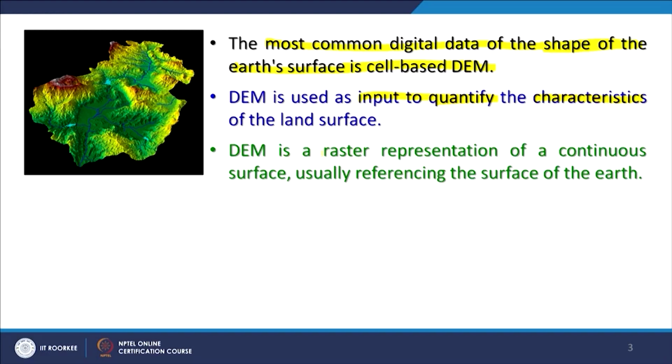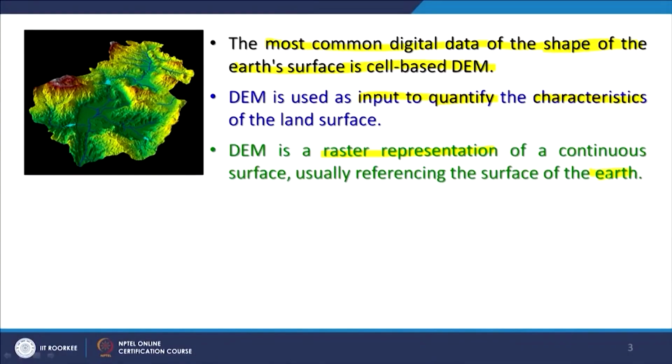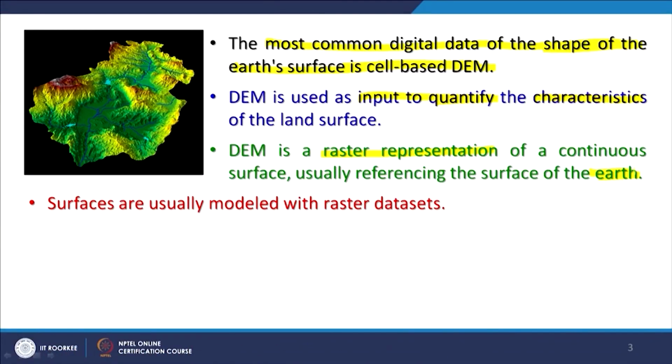As we also know, and this has been discussed earlier, DEM is a raster representation, which is a continuous surface, usually referring to the surface of the earth. But nowadays people have started working on the surface of the moon and Mars, so it can be replaced by Mars or moon.